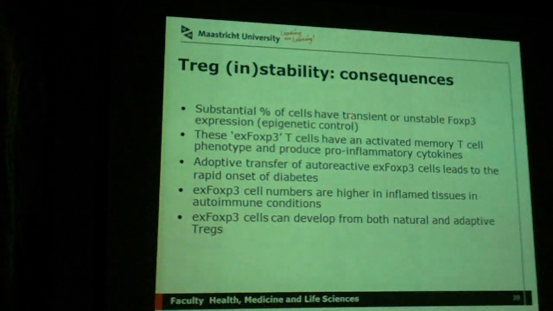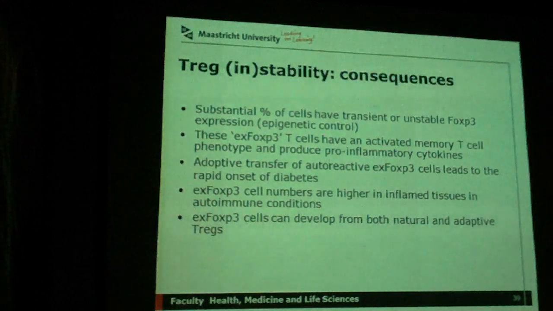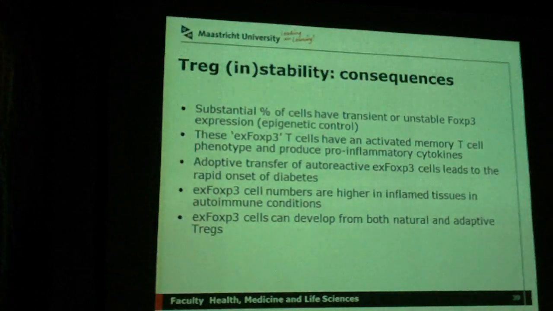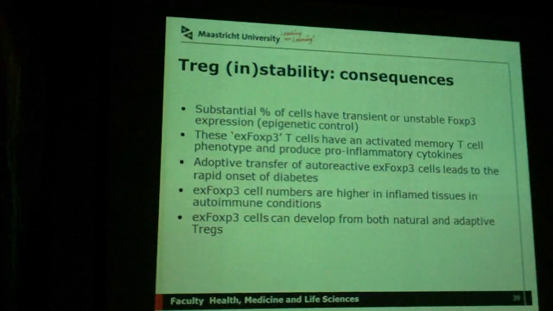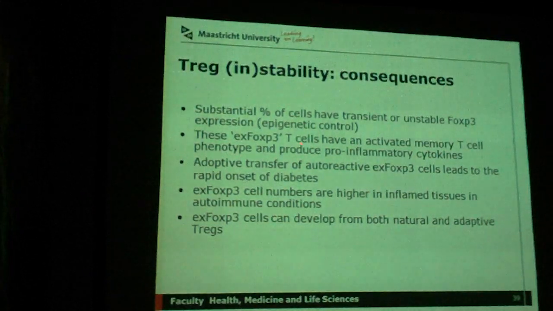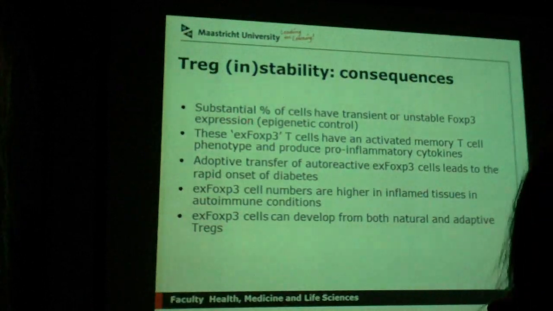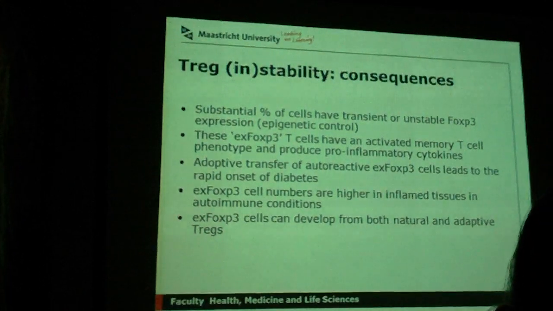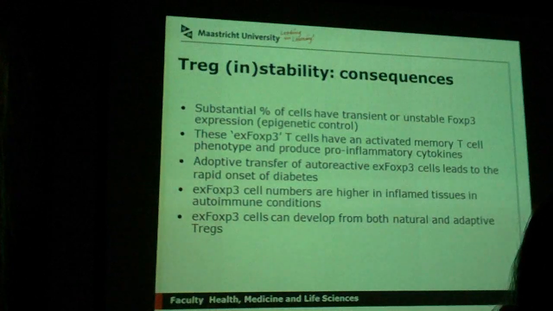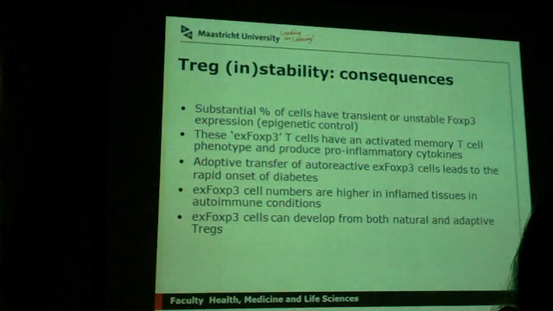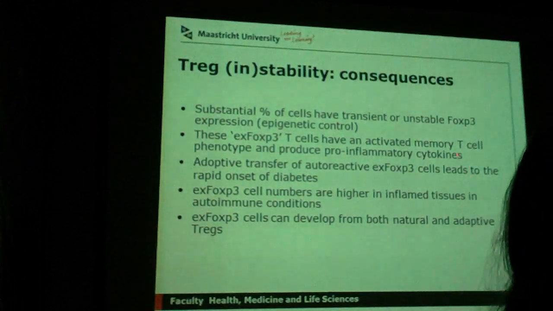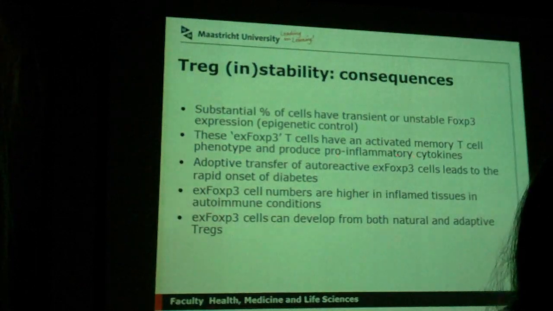A substantial part of the cells has a transient or unstable FOXP3 expression because of the mechanism I showed you before. And these cells can lose their FOXP3 expression and then are called ex-FOXP3 T cells. And much worse, they don't have this regulatory phenotype and function anymore, but they start producing T cell cytokines which have really effective functions. So they will develop themselves into activated memory T cells.